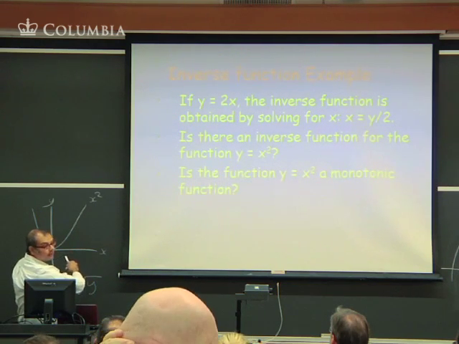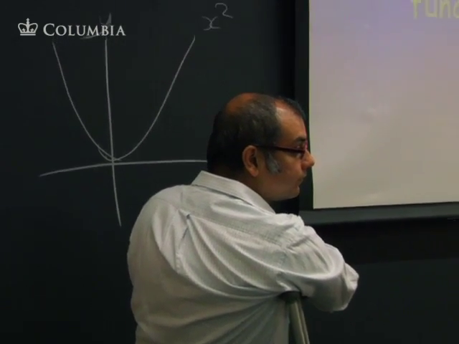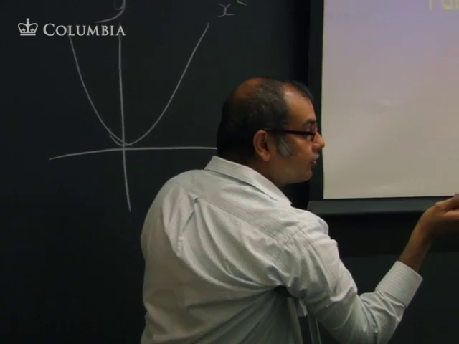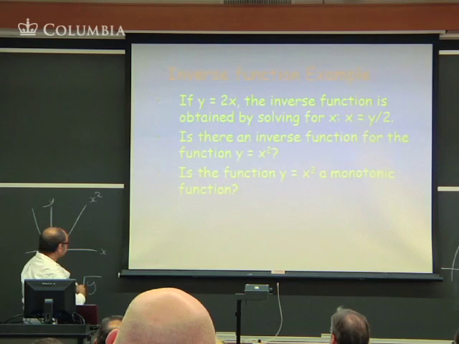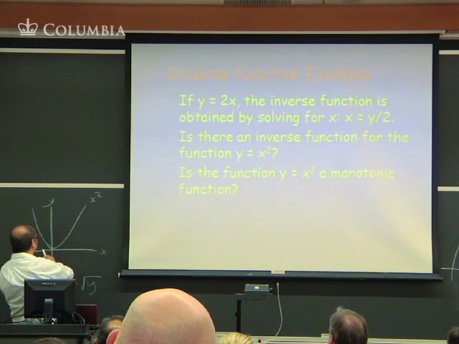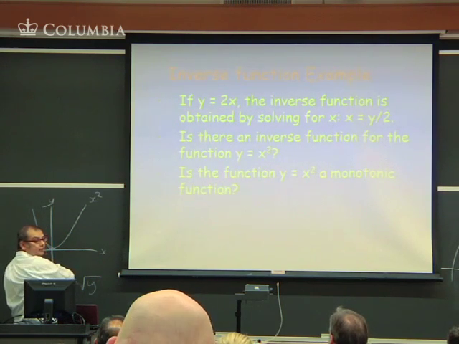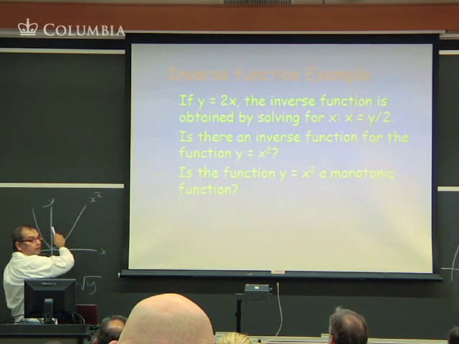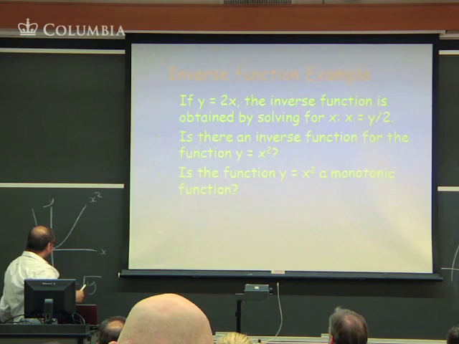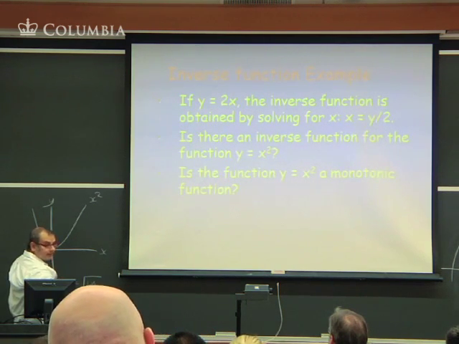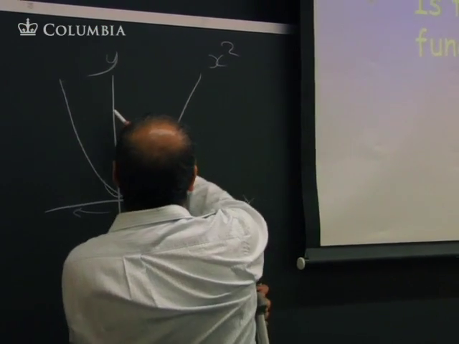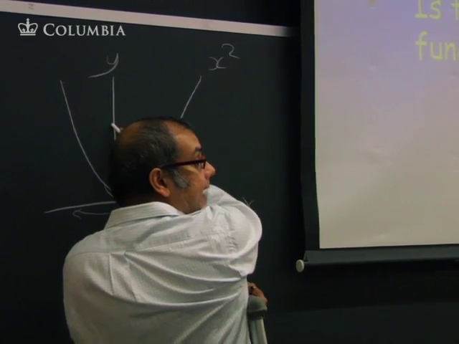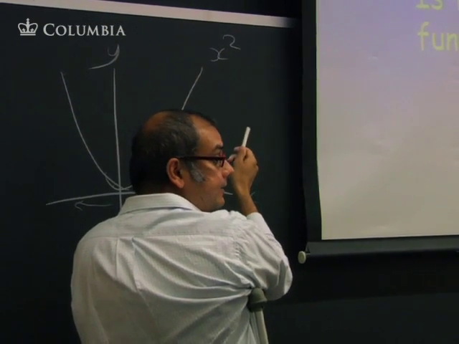So remember, this is not a monotonic function. So the natural inclination to reverse the rule doesn't work in this case because we don't have a monotonic function, because for x in the negative domain, they also give you this x squared. So you can't simply reverse it, because remember, for an inverse function to exist, it has to be that for every value of y, I have only a unique value of x.